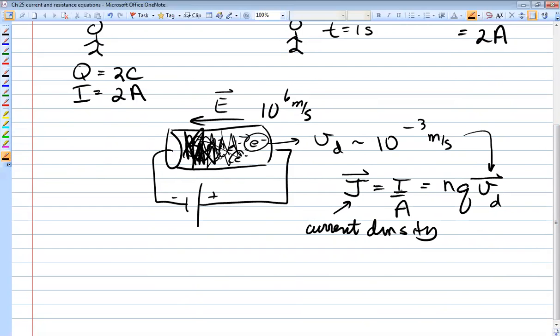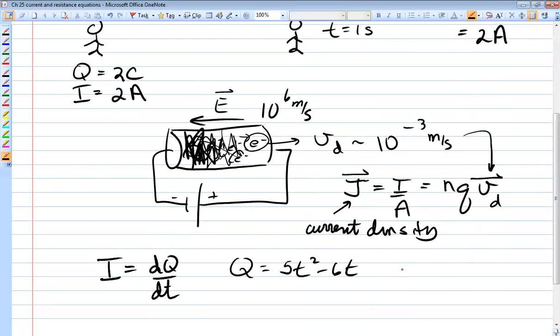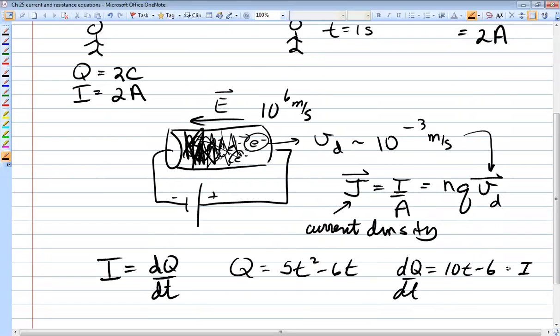Okay, so the definition of current, like I said before, is charge over time. But if it's not constant, we have the differential equation that defines current, I equals dq dt. So if you were given the charge as a function of time, like 5t squared minus 6t, you take the derivative, dq dt, and that gives 10t minus 6, and that would be the current as a function of time.